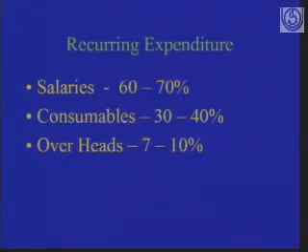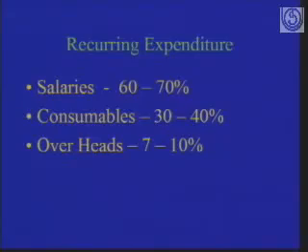Friends, consumable items are consumed, hence they come under our recurring expenditure. When we talk about recurring expenditure, it is usually done primarily under three or four heads. First is the salaries. In any of our public sector undertakings, it has been seen that out of the total recurring expenditure, around 70 or sometimes even more than 70% of the budget is spent on salaries only.